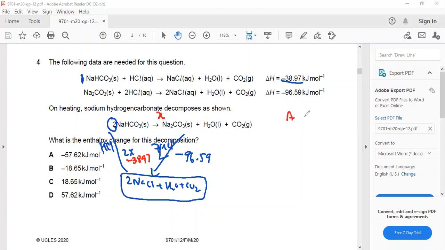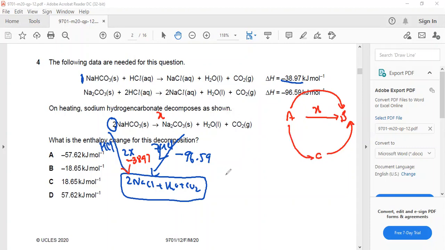Now remember, A, B, C. Hess's law says if you take two routes, route number 1 is this one, and route number 2 is this one, A to C and C to B, the total enthalpy change will be the same.